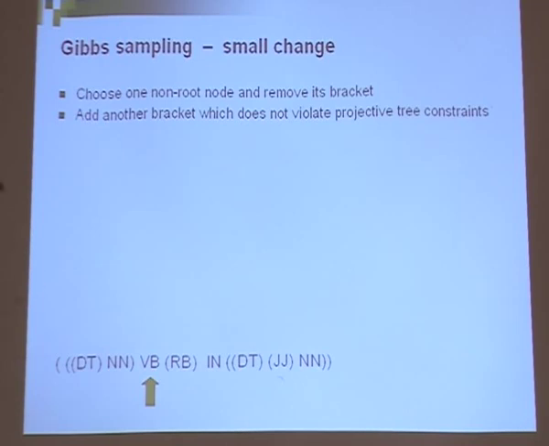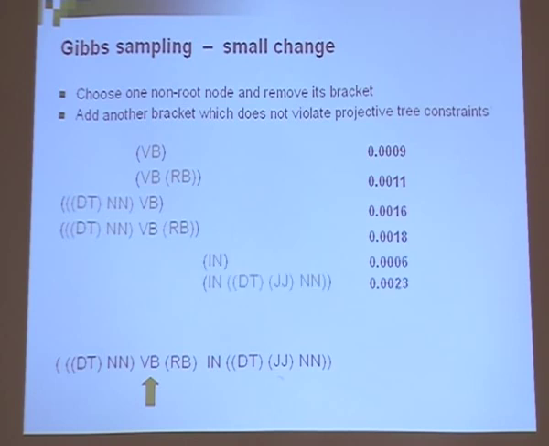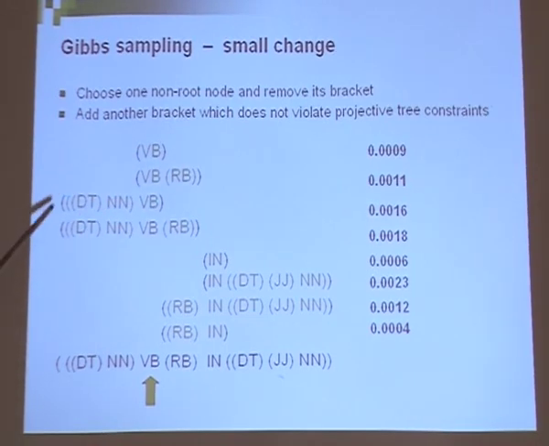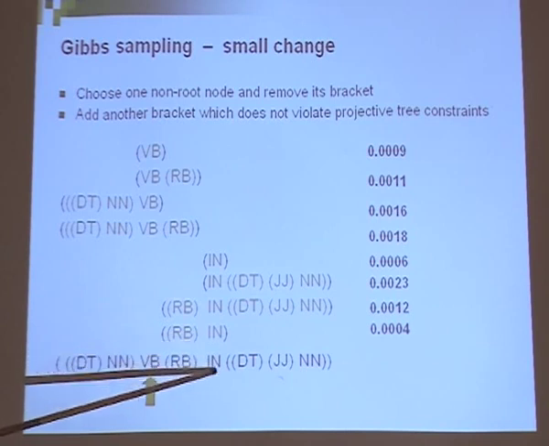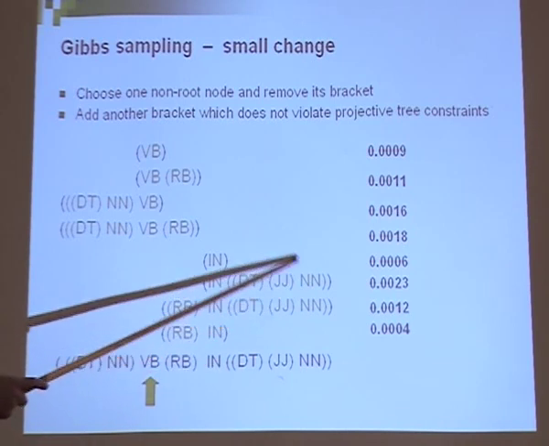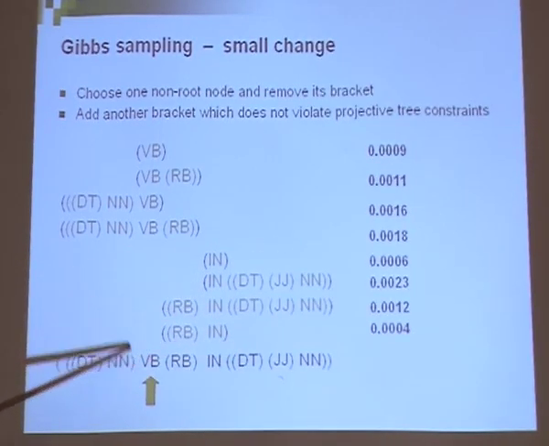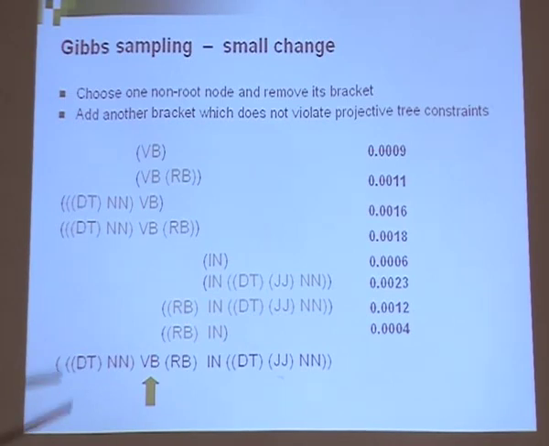So we have eight possibilities how to add the new pair of brackets. These are these. In these four possibilities, the preposition will be the head of the sentence, and in these four possibilities, the verb will be the head of the sentence. So we have these eight possibilities how to make the small change.